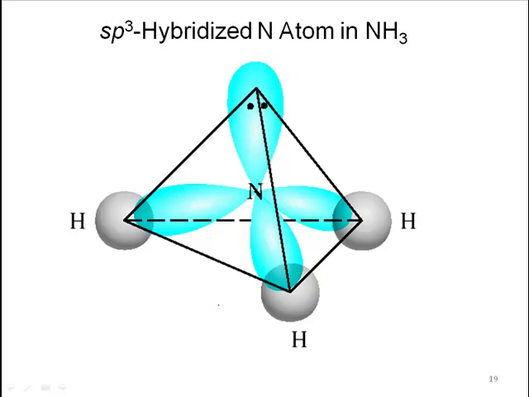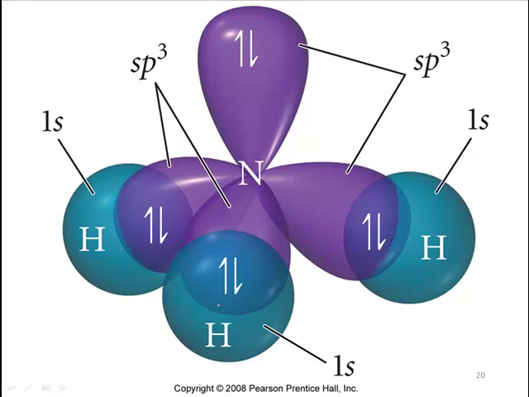The N atom in NH3 has the hydrogens around it, and it looks just like the tetrahedral, except it's got a lone pair up there, making our NH3 ammonia molecule. It predicts the correct bond angle, and it also allows for the lone pairs to be in one of these sp3 hybridized orbitals.